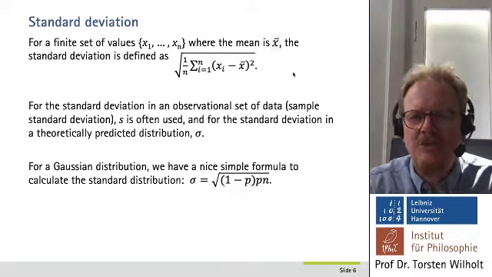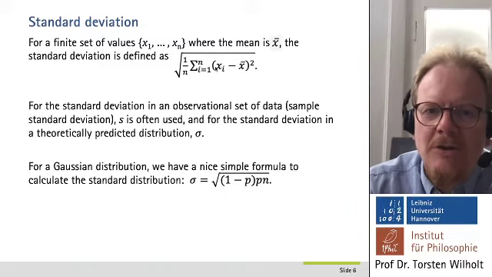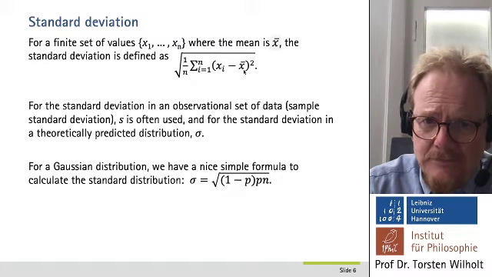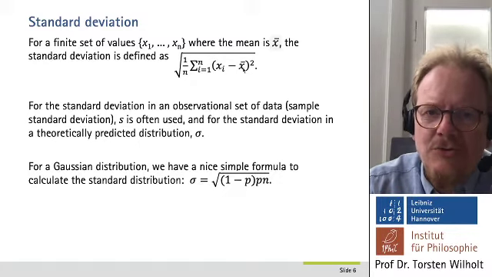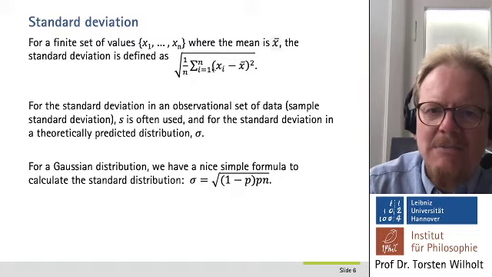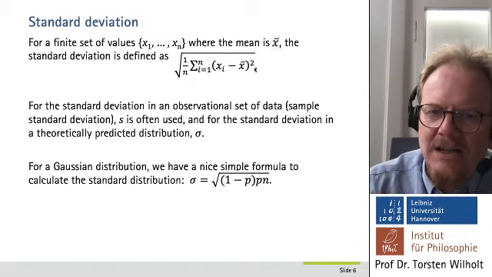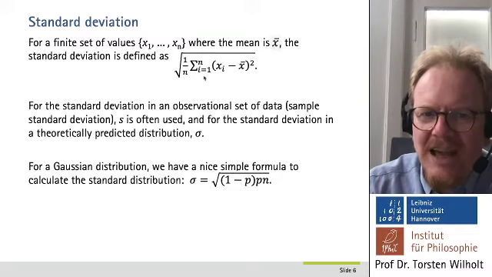And now I actually want you to look a little bit at this. What we do here is we take the difference from each of the values to the mean. And then we sum up the squares of these differences. And we divide again by the number of values. So we have a sort of average.